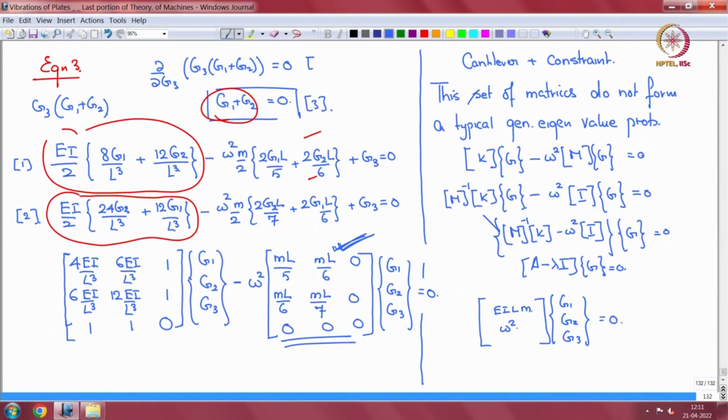Then you can set the determinant to 0, and it will be a polynomial in omega square and other terms.